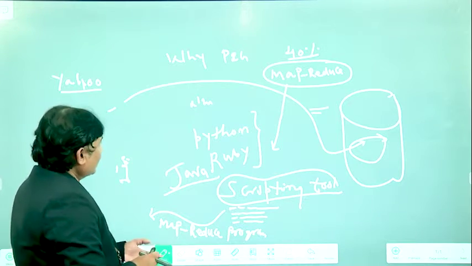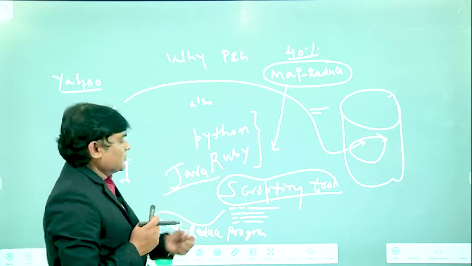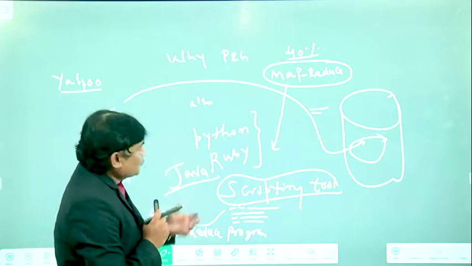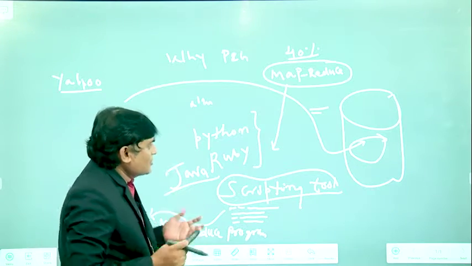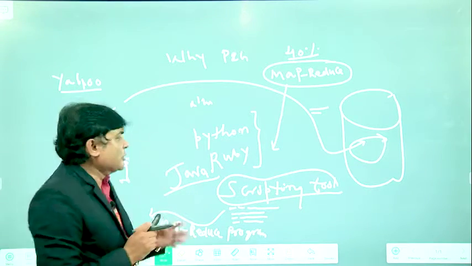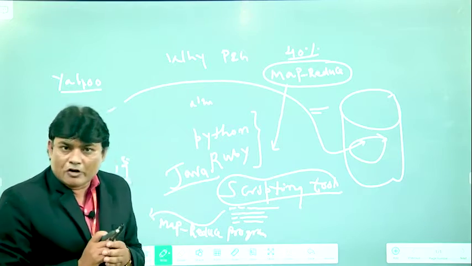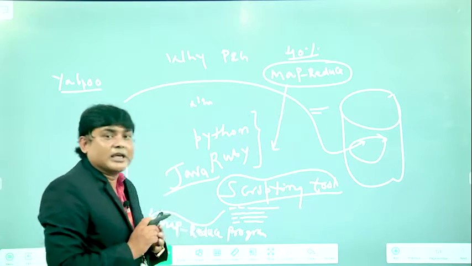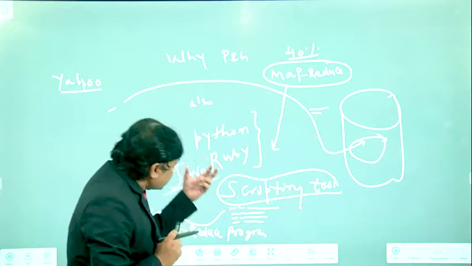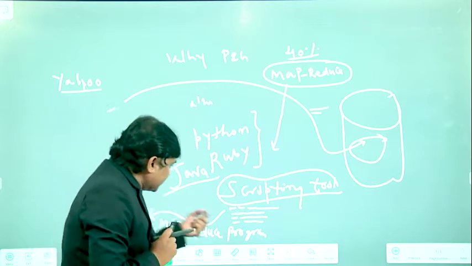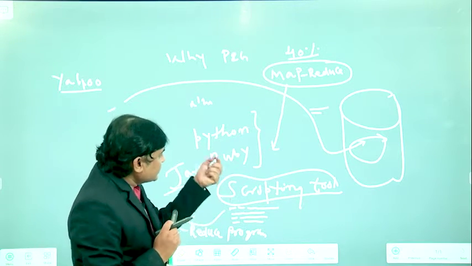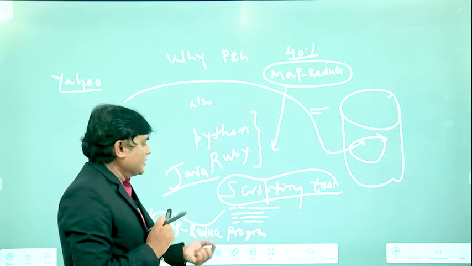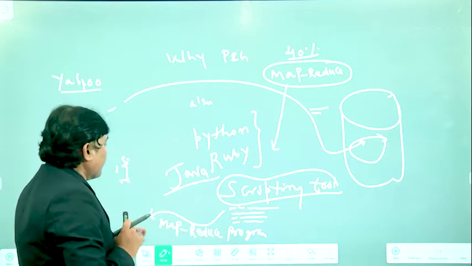So the Yahoo developers said: we don't know Java, so nothing to worry, we will find a solution. They brought in a scripting tool. By using the scripting tool, they write scripts, and the tool converts the scripts into a series of MapReduce programs.